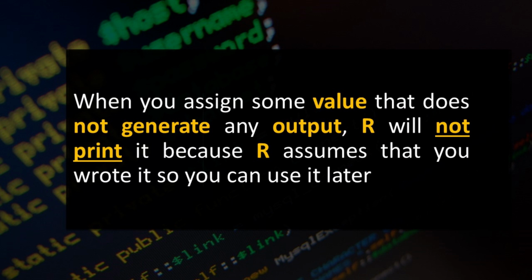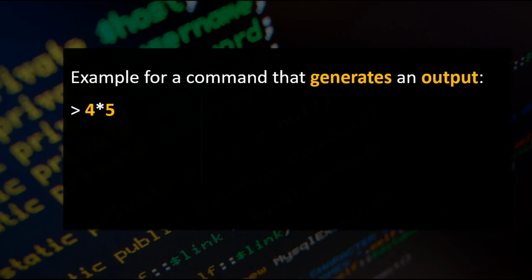So when you assign some value that does not generate any output, R will not print it for you. It assumes you wrote it for later, so you can use it later. For example, for a command that generates an output, when you write 5 times 5, it is 25, R will immediately give you the output.